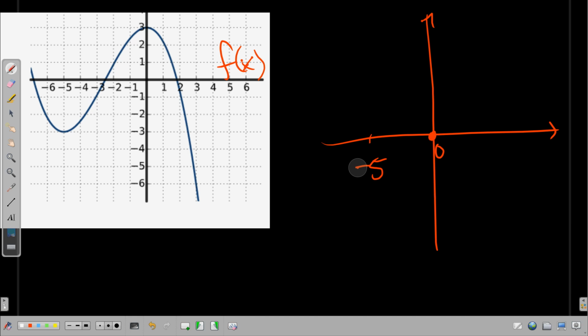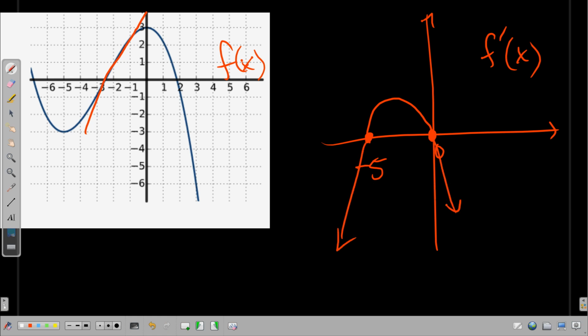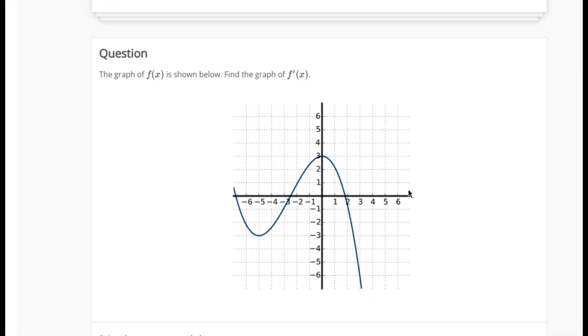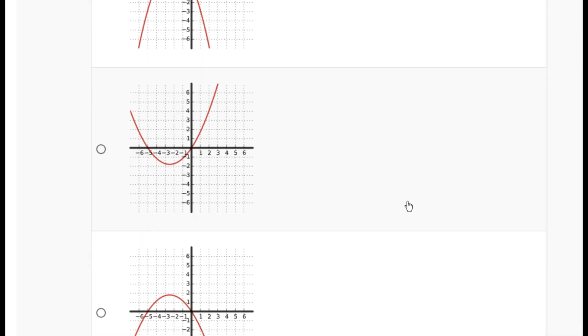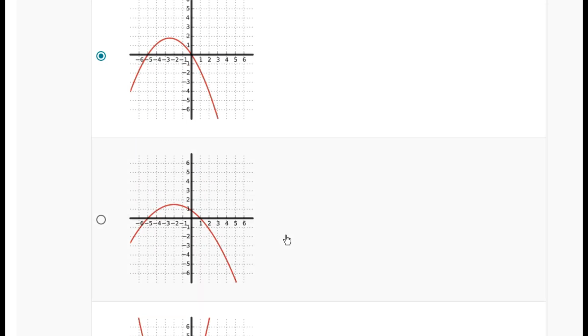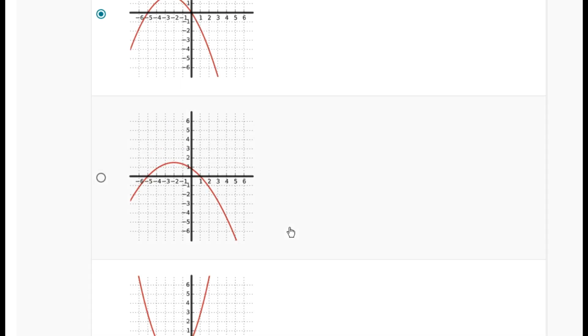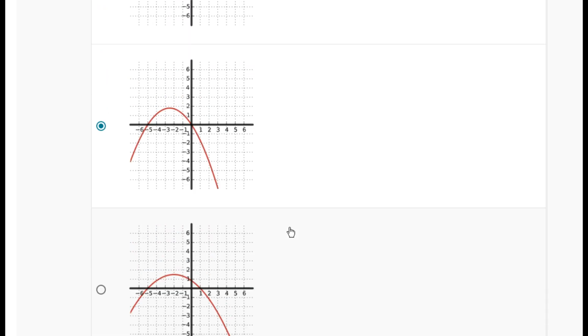So then that means that my curve of f prime must take on the value of 0 at both minus 5 and 0. But everywhere in between those, it's positive. So it's positive in here, but it's negative on either side of that. It's the only downward facing parabola that goes through minus 5 and 0.